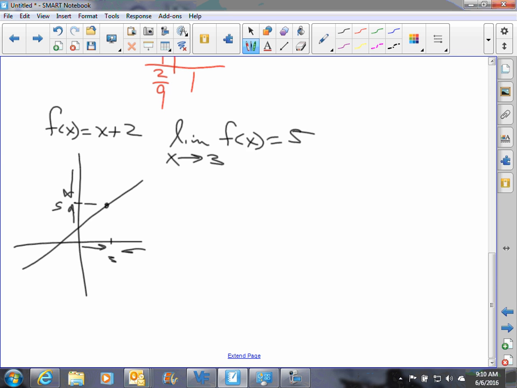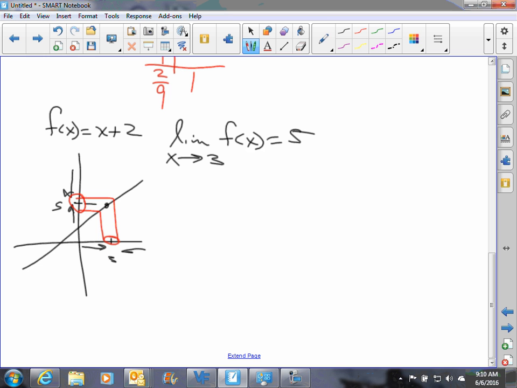Okay, now, so graphically, our argument is something like this. If you give me a radius around 5, I can find a radius around 3 so that all of my interval values will be mapped inside your interval by the function f of x.